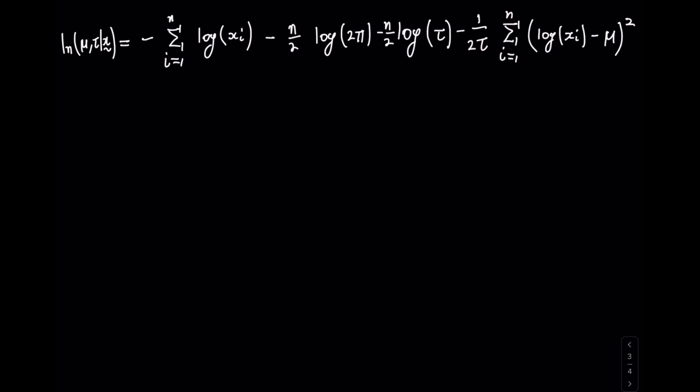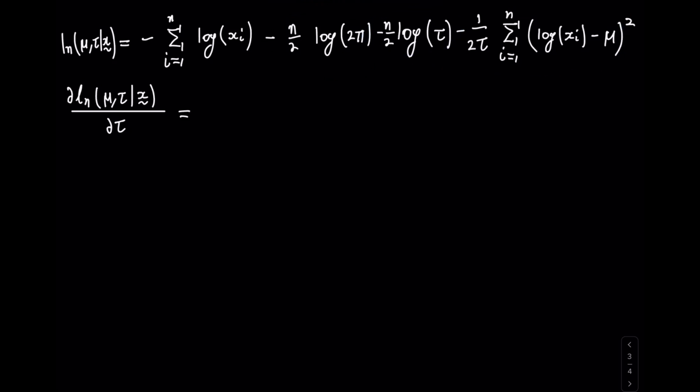Now, with respect to tau, we can take the derivative of l n of mu, tau, given our x bar, d tau. In this particular instance, we've got a term that doesn't depend on tau, so we forget about it. A term that doesn't depend on tau, so we can ignore it as well. And then 2 terms which do depend on tau.